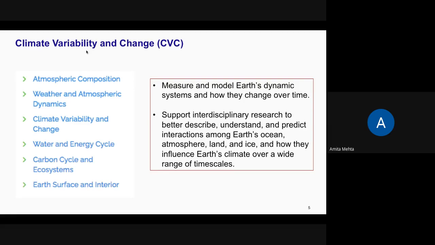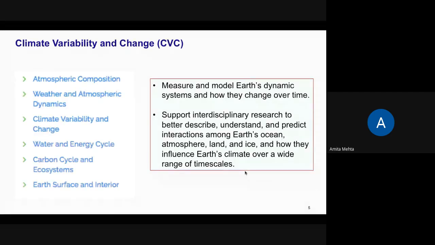The overall mission of the climate variability and change area is to measure and model Earth's dynamical systems and how they change over time, and also to support interdisciplinary research to better describe, understand, and predict interactions among Earth's ocean, atmosphere, land, and ice, and how they all influence Earth's climate over a wide range of timescales. So this is the overall goal of the climate variability and change focus area.